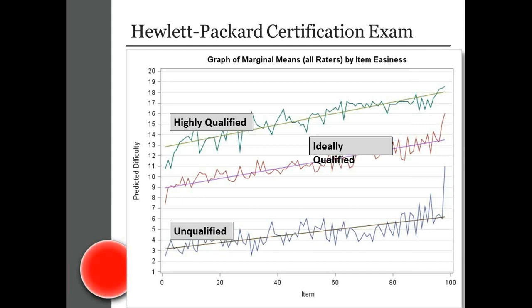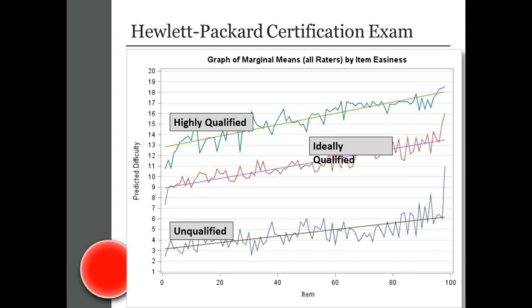And they were able to see some nice separations between the highly qualified, the ideally qualified, and the absolutely unqualified as performance levels. So nice. In this case, they look quite parallel, but maybe there's a little bit there that isn't as well.